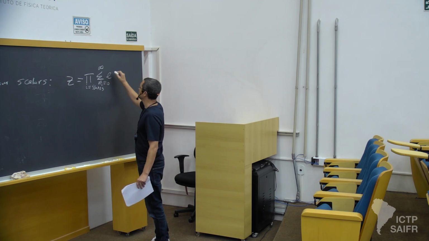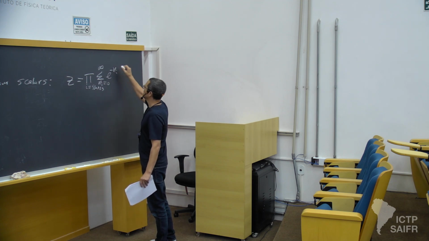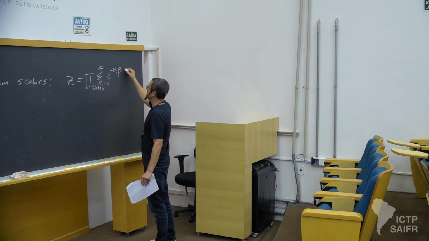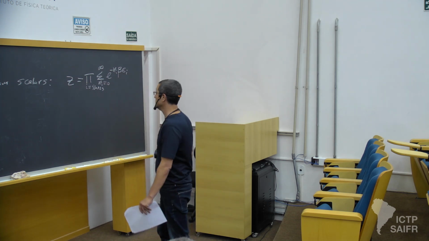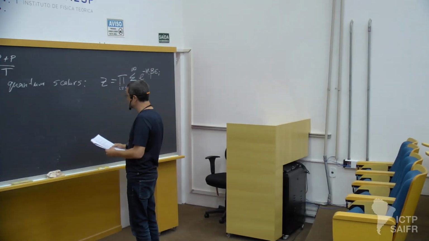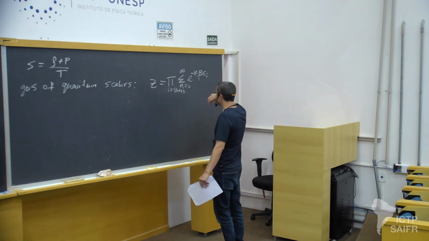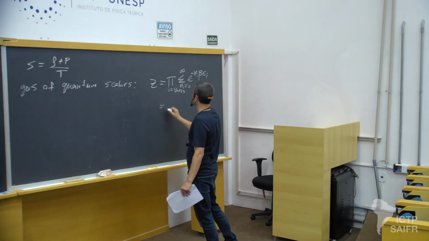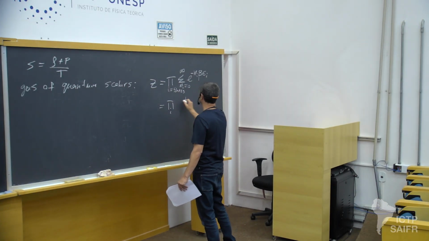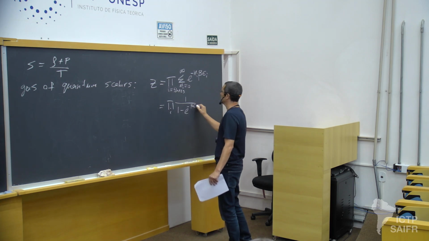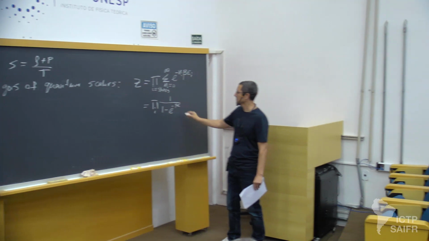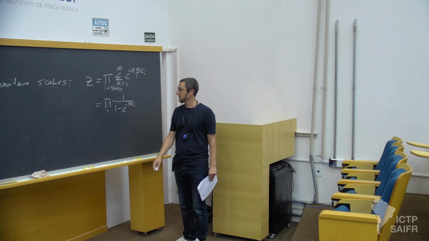And here you have e to the minus n_i beta E_i. This is the partition function, just to remind. And now this is just equal to the product on the states of 1 over 1 minus e to the minus beta E_i. E_i is the energy of the state.